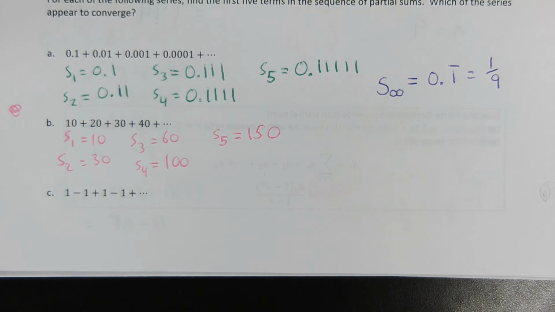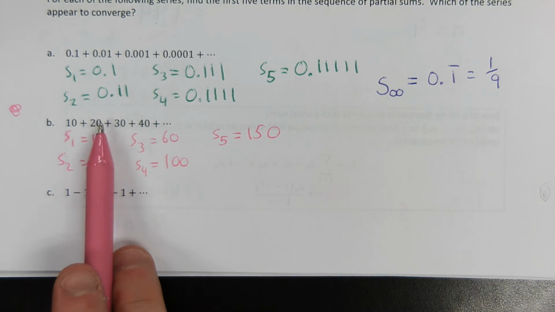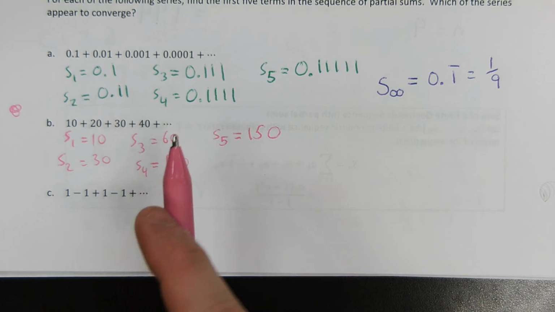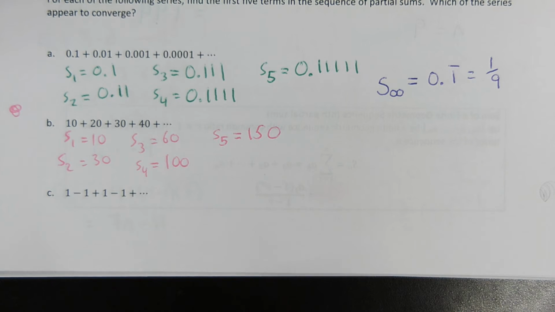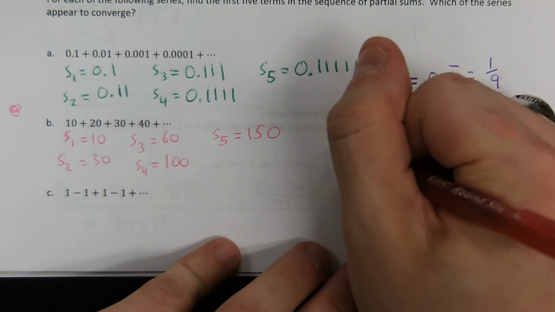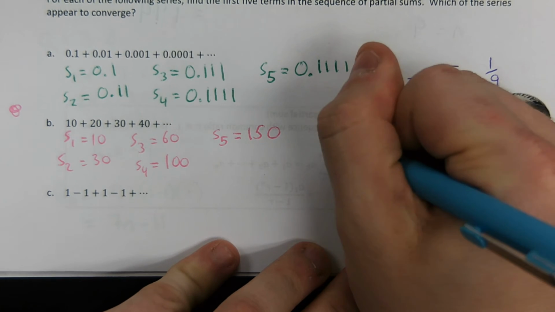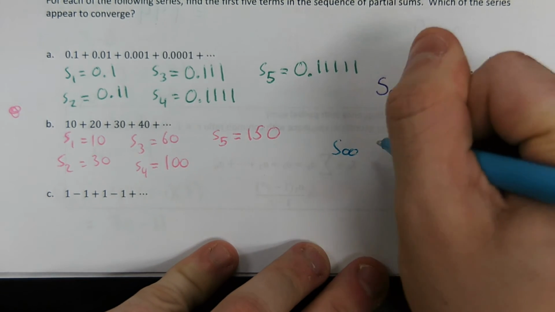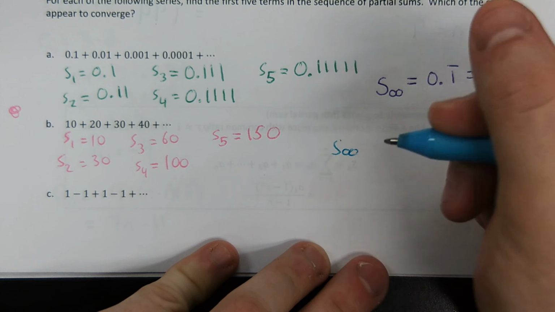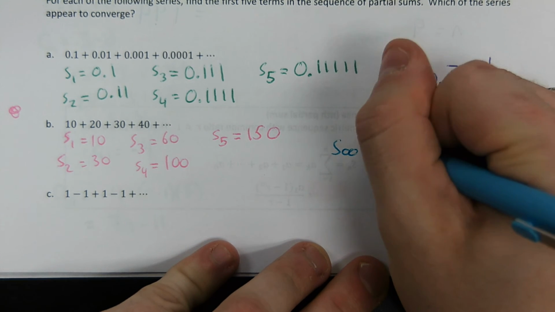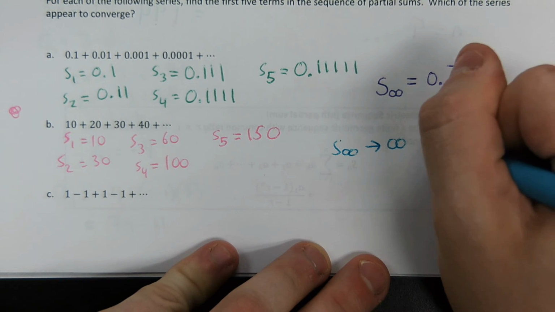Well, every single time the next number in the series is going up by 10. So what does that imply about S sub infinity? S sub infinity is going to infinity. So we say it diverges.